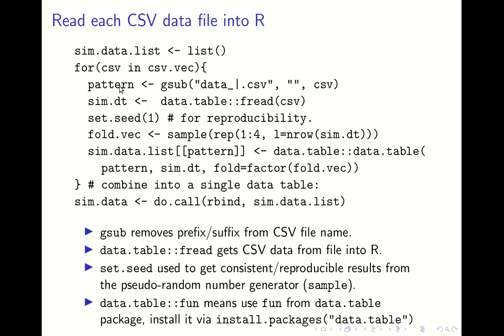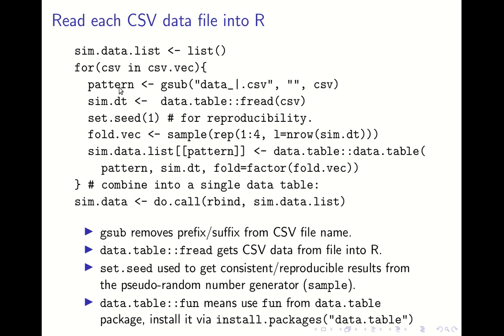In each iteration of the for loop, we're first going to take that CSV file name and call the gsub function, which means to do a character string substitution. Here it says substitute either the data prefix or the .csv suffix with the empty string.